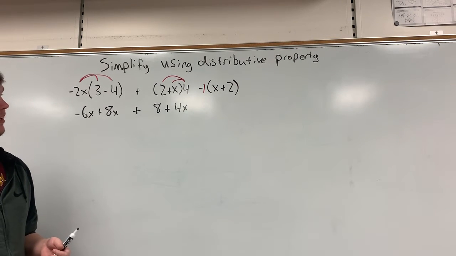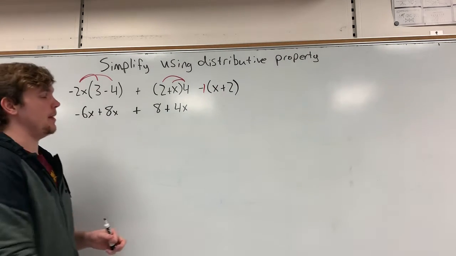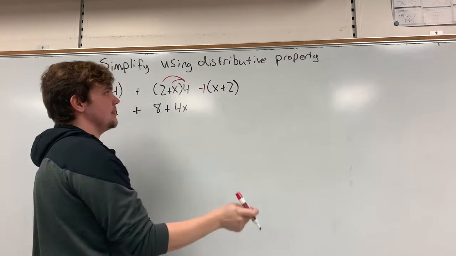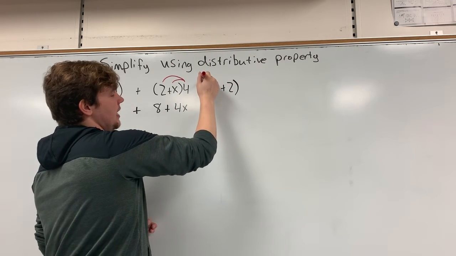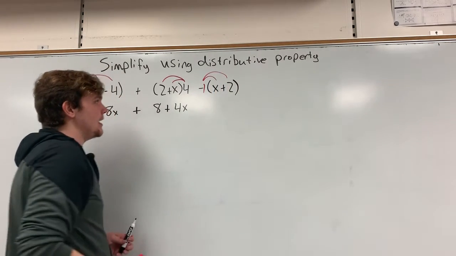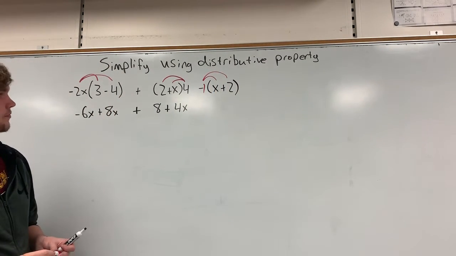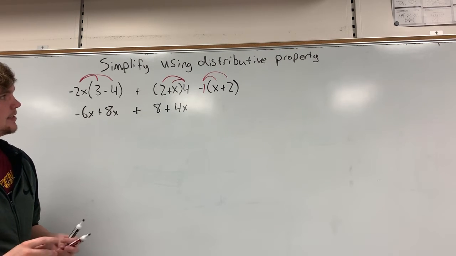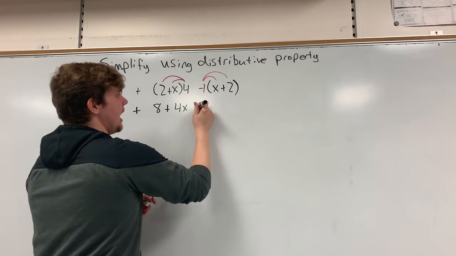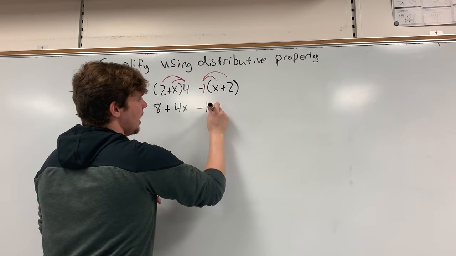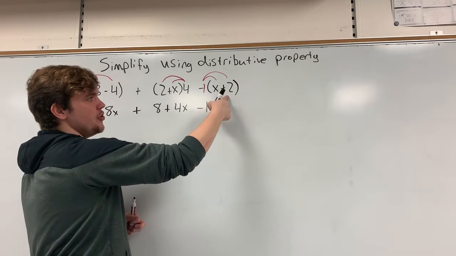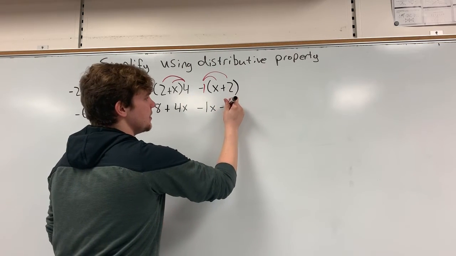Now that negative 1 is going to have to be distributed into everything inside this parenthesis. So that negative 1 is going to go to the x, and it's also going to go to my positive 2 right there. Negative 1 times x is going to get me a minus 1x. And then negative 1 times 2 is going to get me a minus 2.